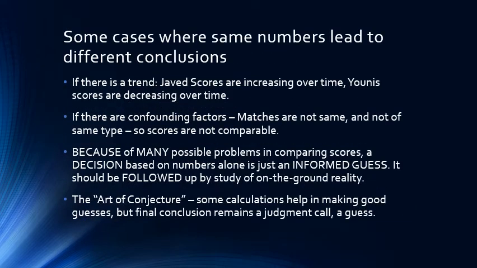So just to explain how the numbers can be misleading, there are many situations in which exactly the same set of scores would lead to different conclusions. For example, if there was a trend in the scores, with one of the players increasing over time and the other decreasing, then we might say that, well, yes, these numbers measure the skill, but the skill is actually changing.